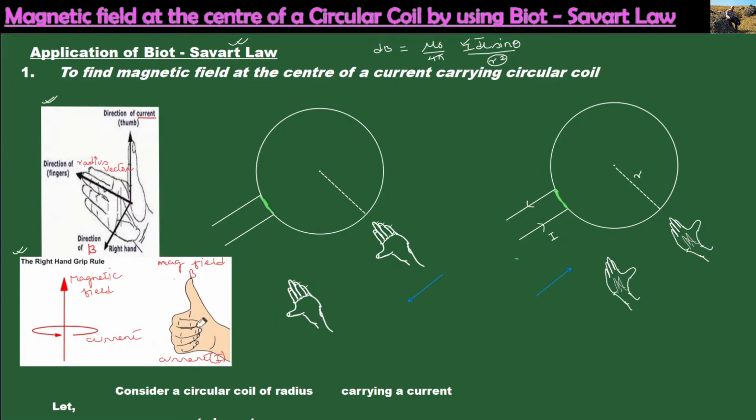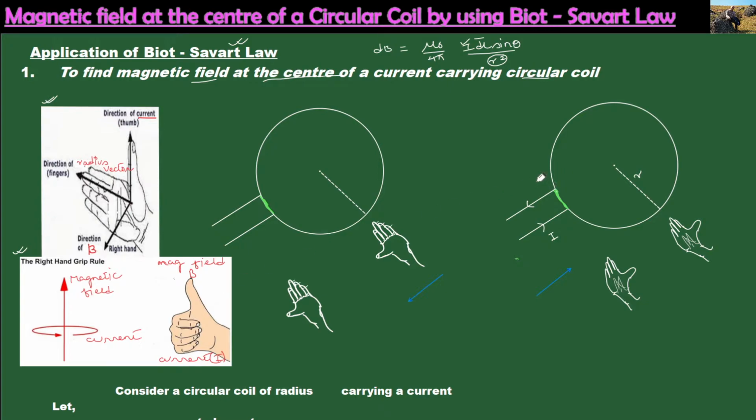Now, using this right hand grip rule, if I want to find the direction of the magnetic field at the center of this coil, then we will apply this right hand grip rule.